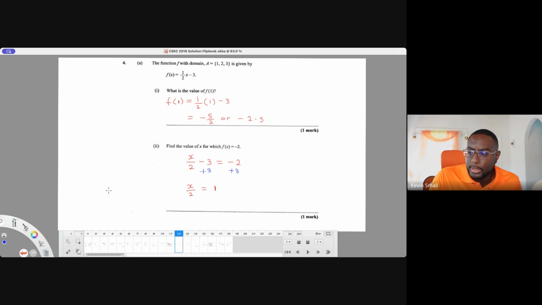So Eden, I made a mistake because I had positive 2 in the beginning. So my answer ended up being like all the way up in 10. But I forgot it was negative 2 here. So yeah, yours is correct. Mine is incorrect. So very good, Eden. So therefore x would have to be 1 times the 2, which is equal to 2. So this is the answer here.